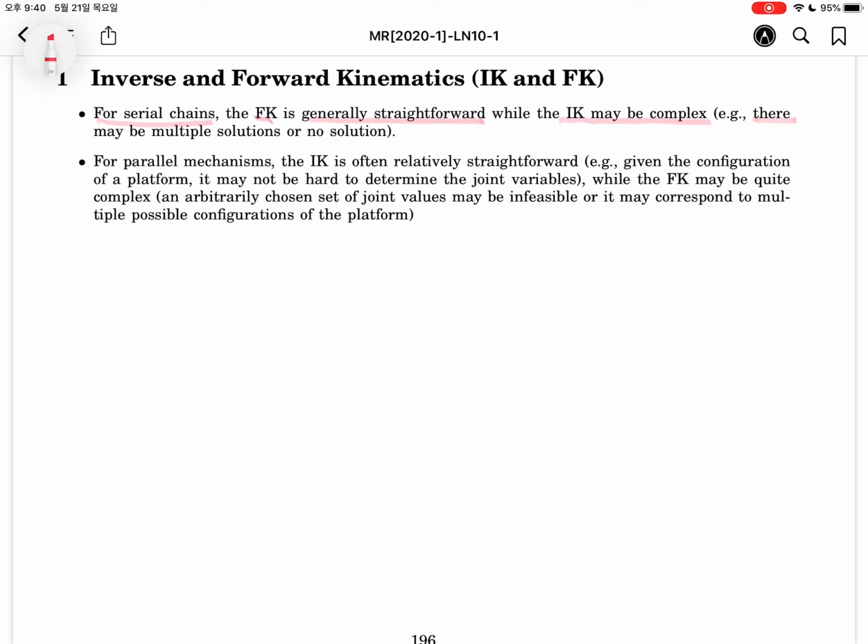Those kinds of issues are converted in the parallel mechanism. At that time, the issue is also converted. IK is very easy, but the FK is a little bit hard. For a parallel mechanism, the inverse kinematics is relatively straightforward, but the forward kinematics may be quite complex. It will be discussed in this lecture.